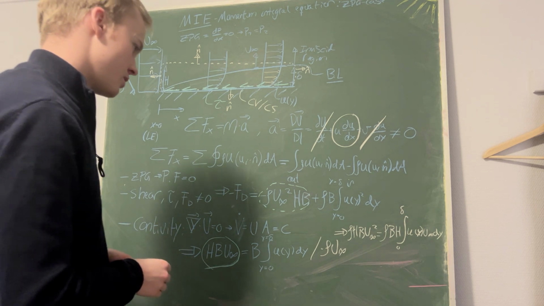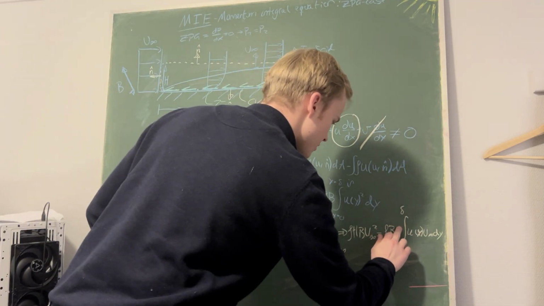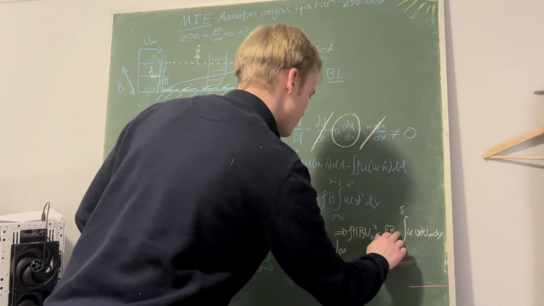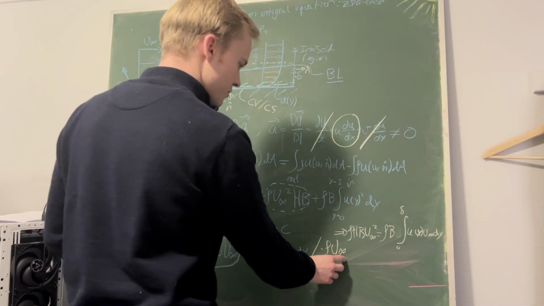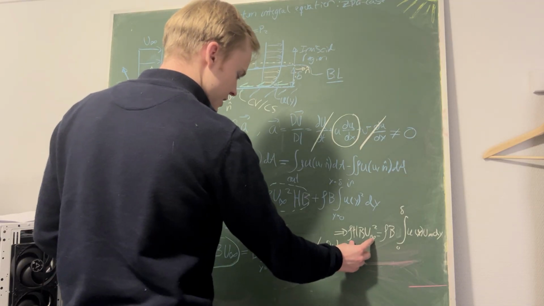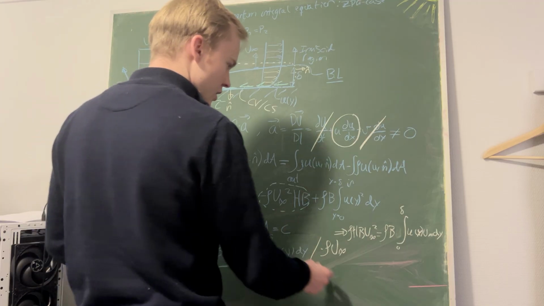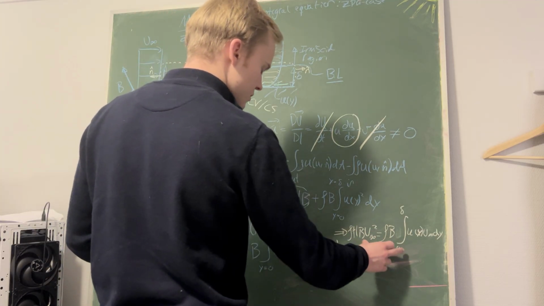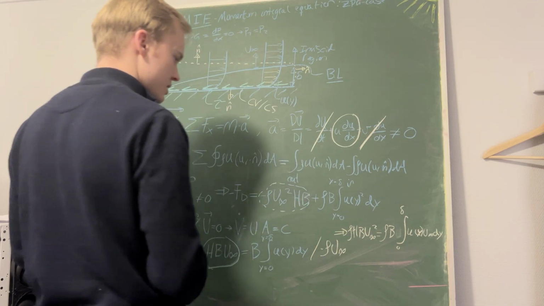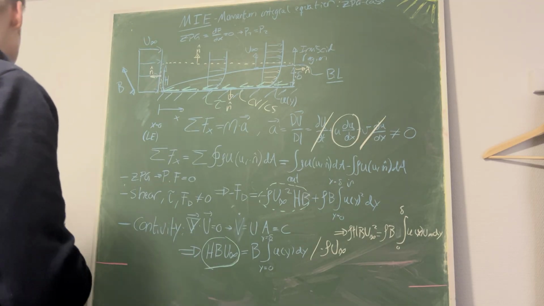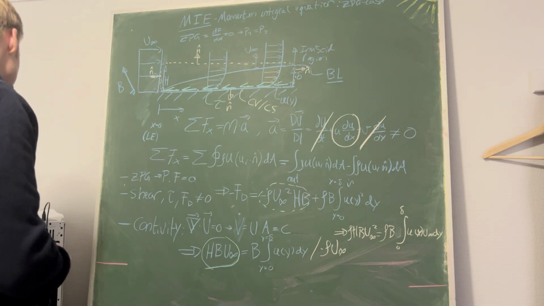Yeah, sorry, there's not going to be an h here. It's going to be like that. We multiply with rho u infinity. So now we have the same here as we have here, and we can substitute this into this. So let's do that.